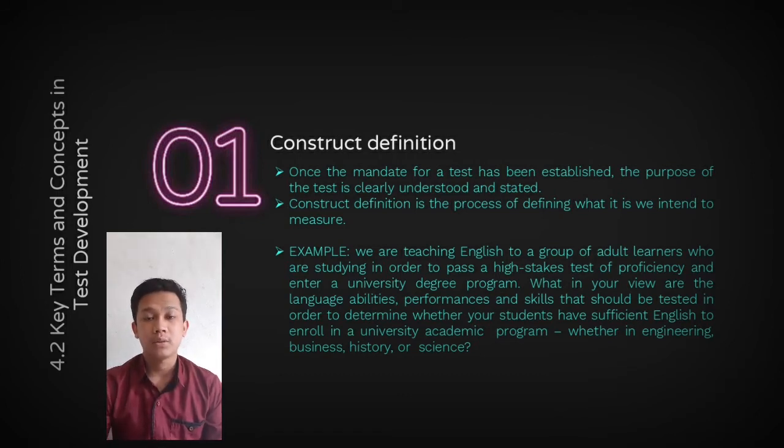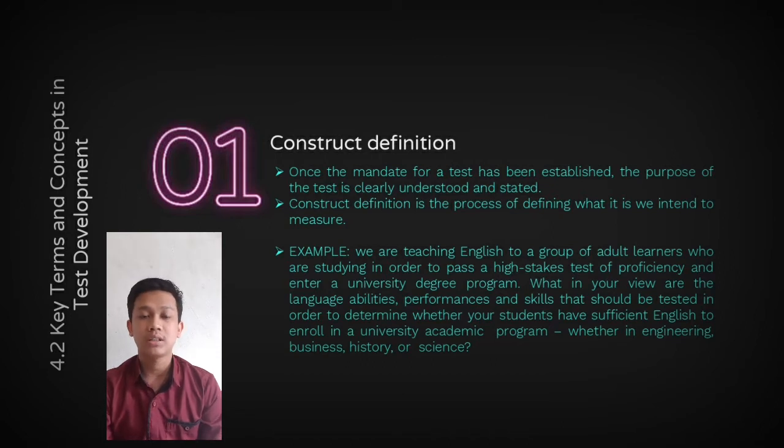What, in our view as teachers, are the language abilities, performance, and skills that should be tested in order to determine whether the students have sufficient English to enroll in a university academic program, whether it's engineering, business, history, or others? So the purposes are our view, such as language abilities, performance, and skills, and so on. So the purposes should be clearly stated.